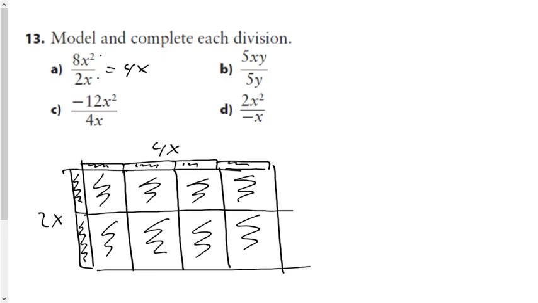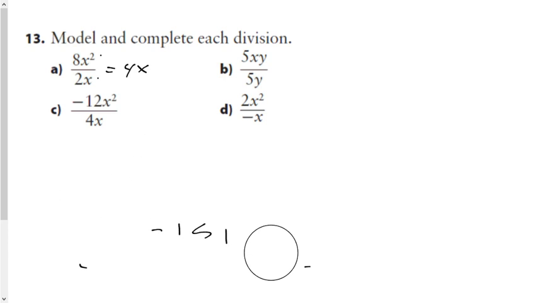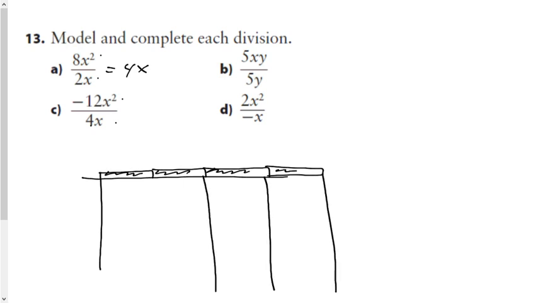Okay. Do that again. I'm not going to do B because B is the xy's. Too tough. This area, this side length. So I'm going to start with my side length. 1x, 2x, 3x, 4x. Shade those in because they're positive. Extend your area in. I need to figure out how to fit in negative 12x squareds.